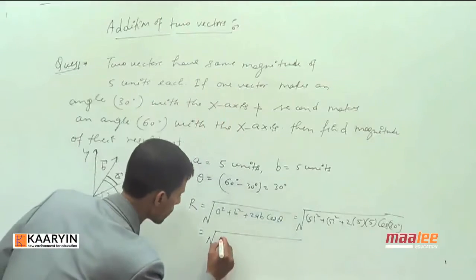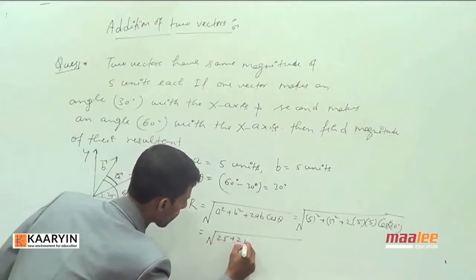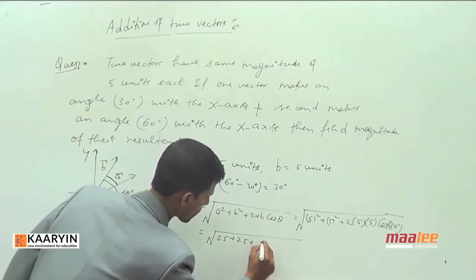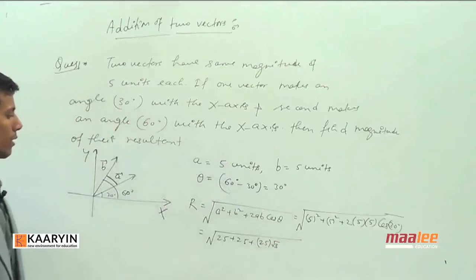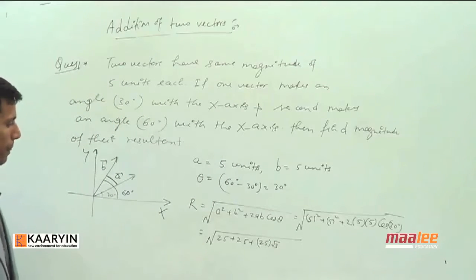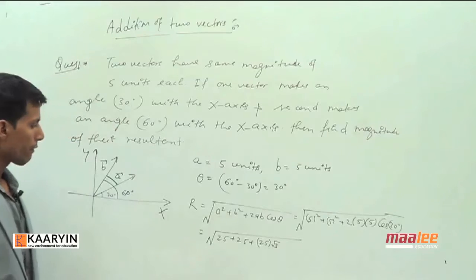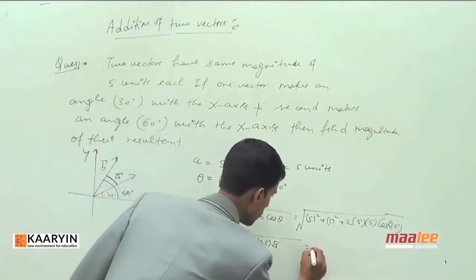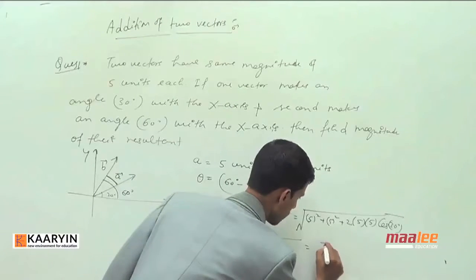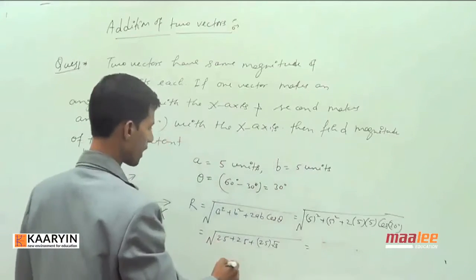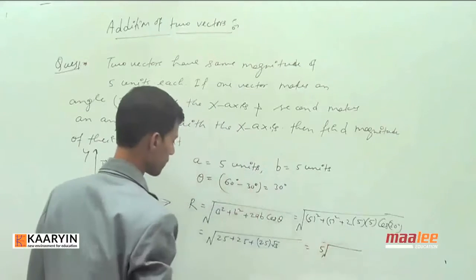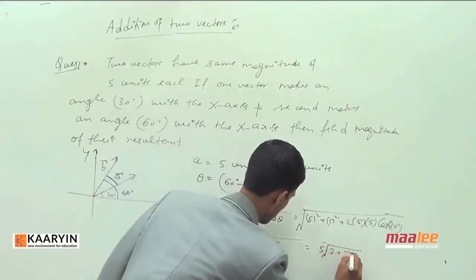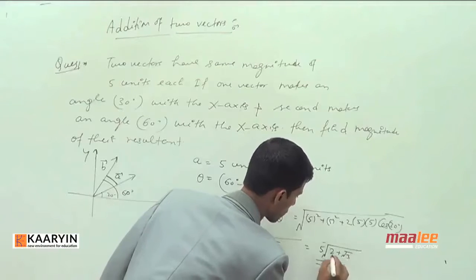So this becomes 25 plus 25 plus 25 root 3. You can solve this further. We can take the 25 outside, so it becomes 5 times the root of 2 plus root 3.